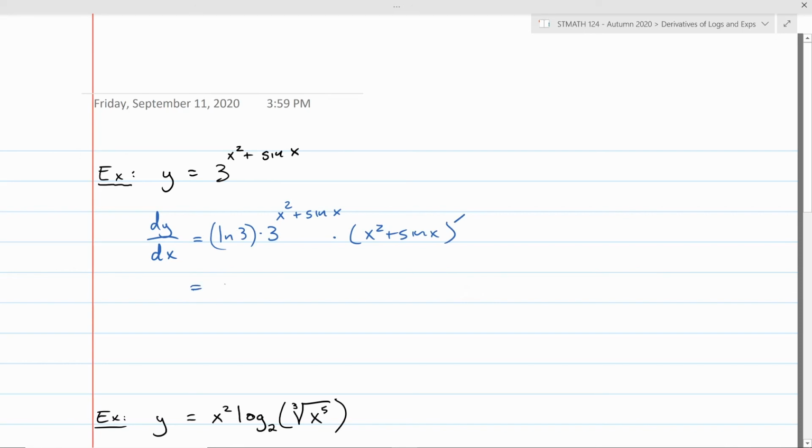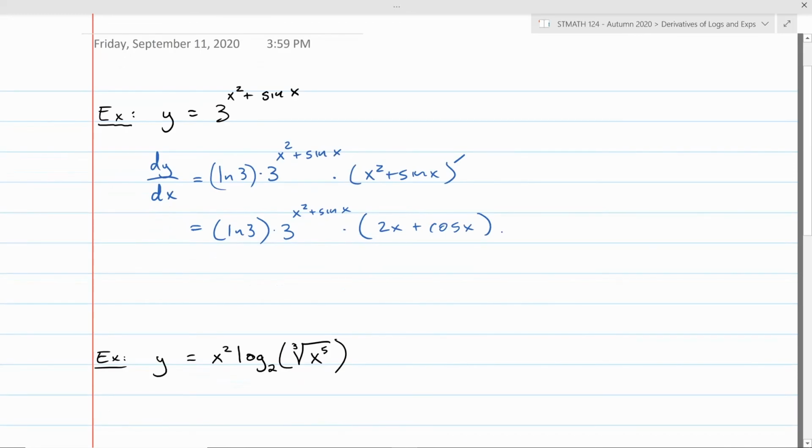So you get natural log of 3 times 3 to the x squared plus sine of x, and then that derivative there is 2x plus cosine of x. So if you felt good about differentiating e to the x, this isn't much harder. You just have this extra little constant that you have to put in.